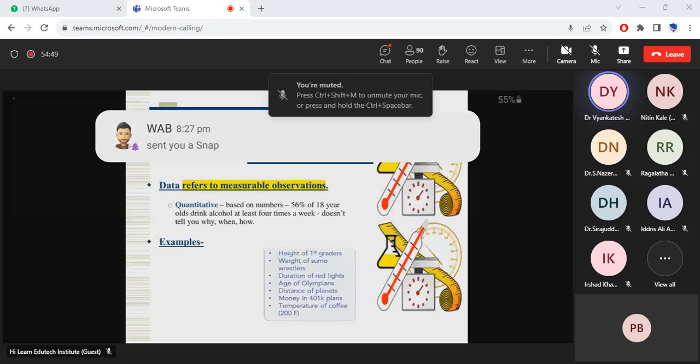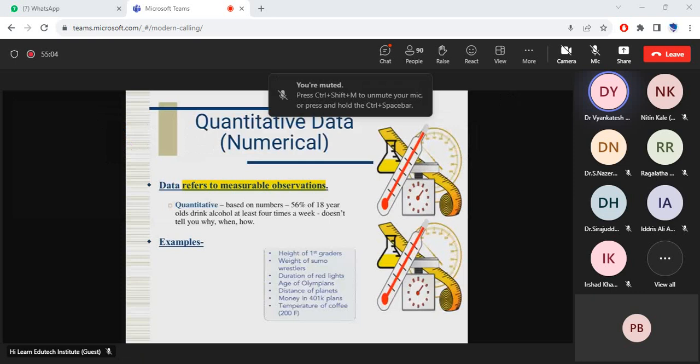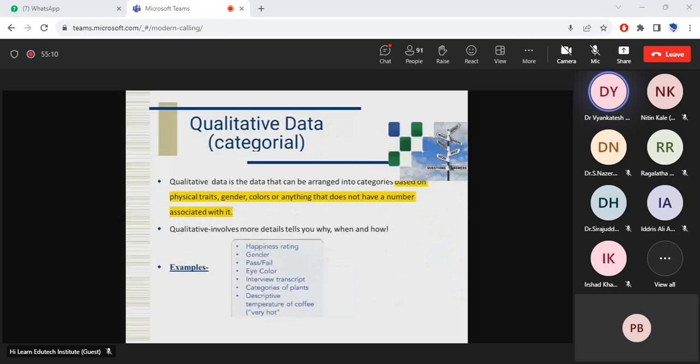Other numerical examples are height of the grades, weight of the sumo wrestlers, duration of the flight, age of the Olympians, distance of planets, money, and temperature of coffee. Then qualitative data is categorized data. Qualitative data is arranged in a category based on physical trait, gender, color, and so on, and doesn't need any number associated with it.